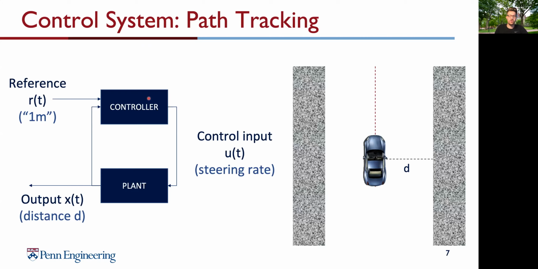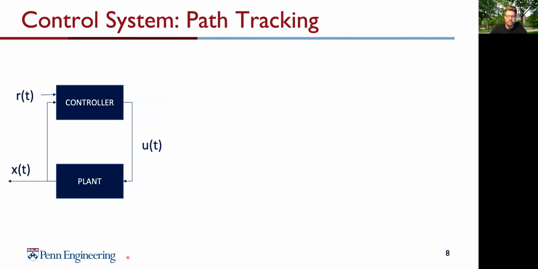We're designing a controller, and this controller is calculating again the control input, which is here the steering rate of our car. This is the same as what we humans are doing with the car. We're applying a control input and we're decreasing our distance d, for example, to the wall, which is afterwards the output for our system. But this is like an open loop system.